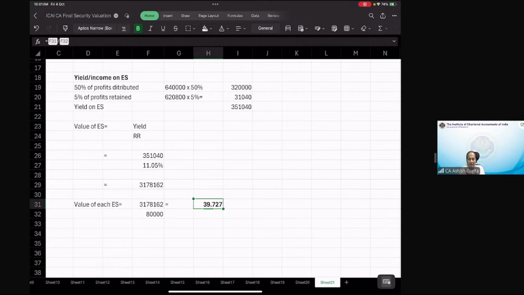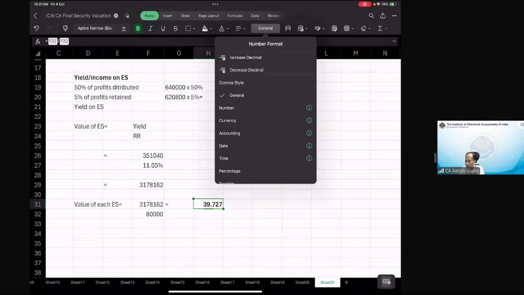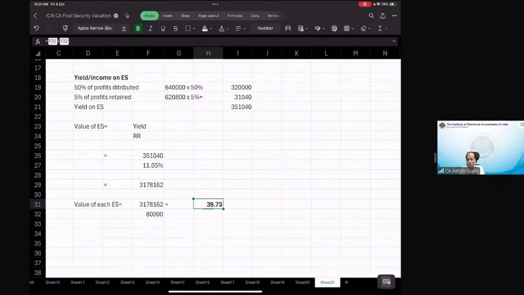Otherwise, for security valuation, normally up to 2 decimal points the value is justified, because if we round it off, the figure will come to 39.73. Generally these are quoted up to 2 decimal points.